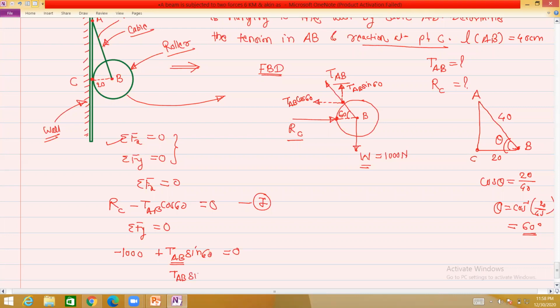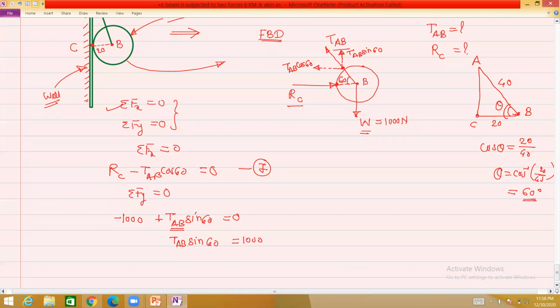So tension AB sin 60 is equal to 1000. And then your tension AB value is equal to 1000 divided by sin 60. So we'll get the tension AB.